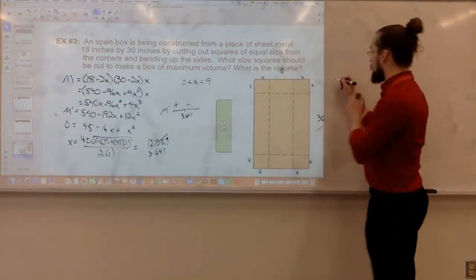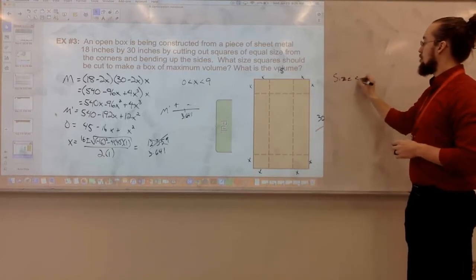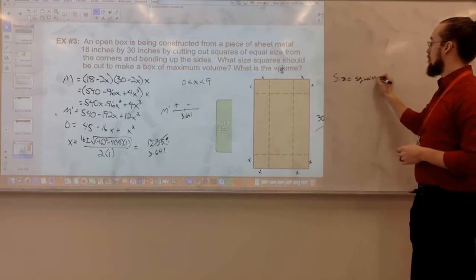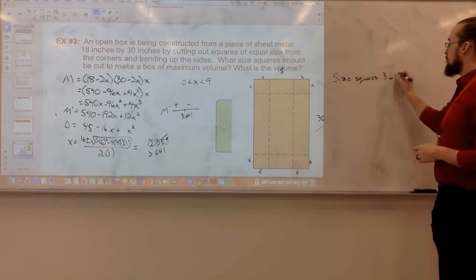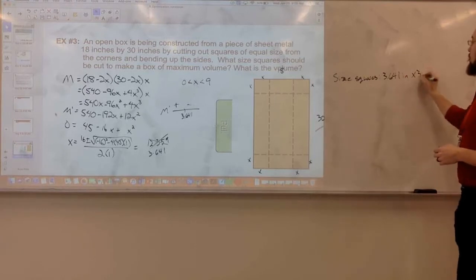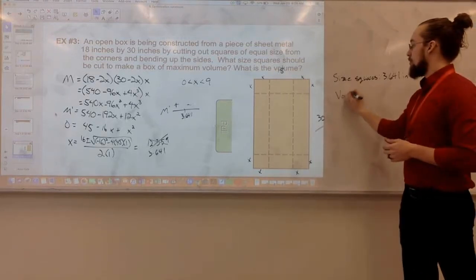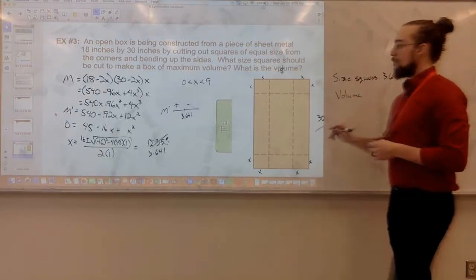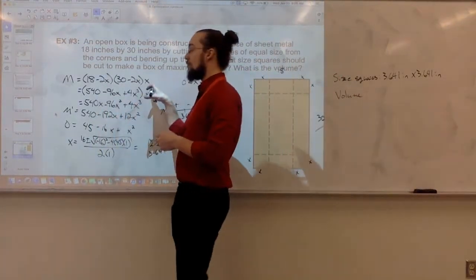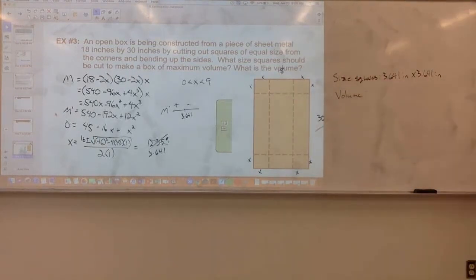So for the first part, the size of the squares should be 3.641 by 3.641. Were we given a unit? Yeah, inches. 3.641 inches. So then for the volume, we can just take this 3.641 and plug it in here for x. So what do we get when we do that?